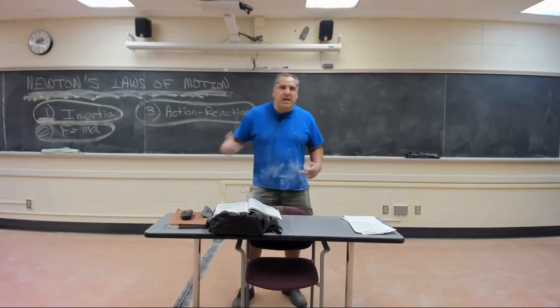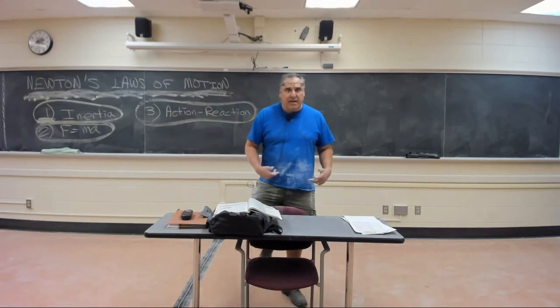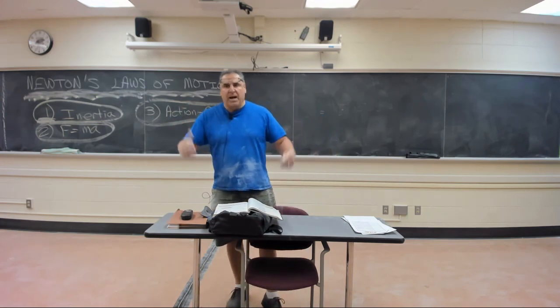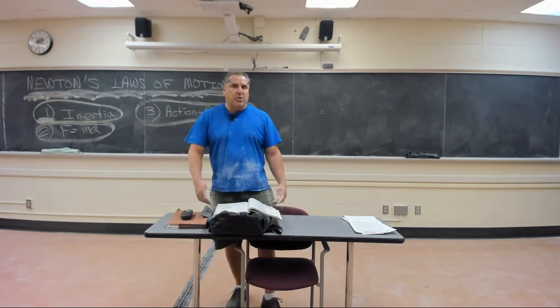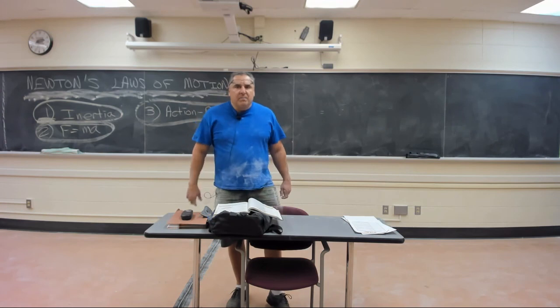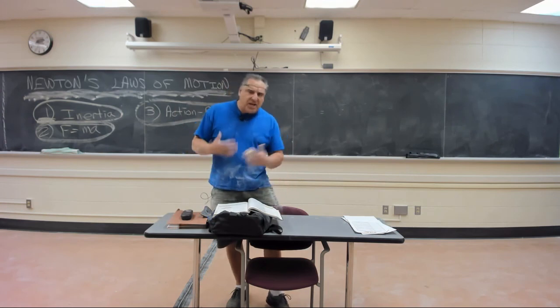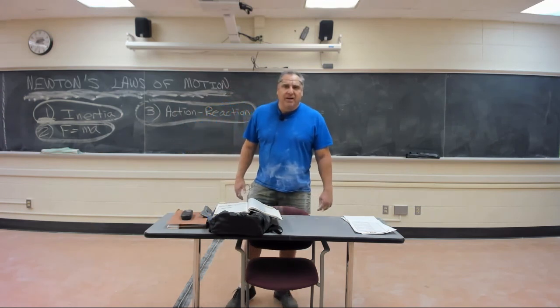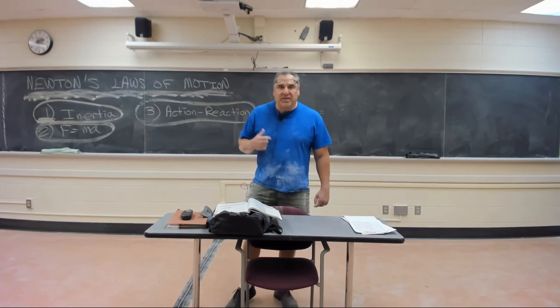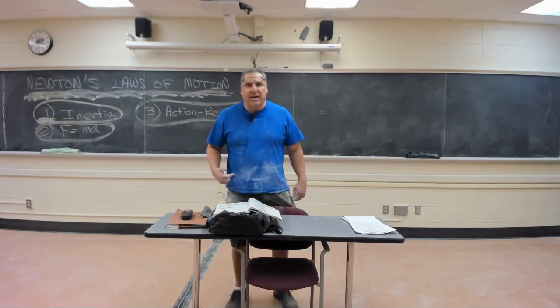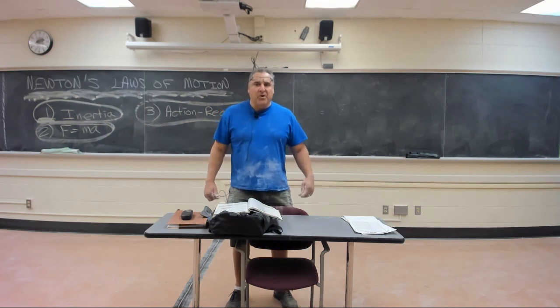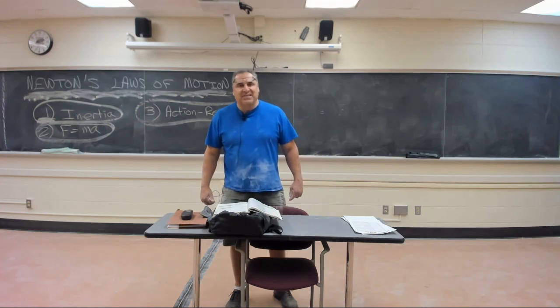The Earth's acceleration might be 0.0000001 meters per second squared. I am exerting the same amount of force on the Earth as the Earth is exerting on me. Then how come the Earth's not moving? Because the Earth's a lot more massive than I am.